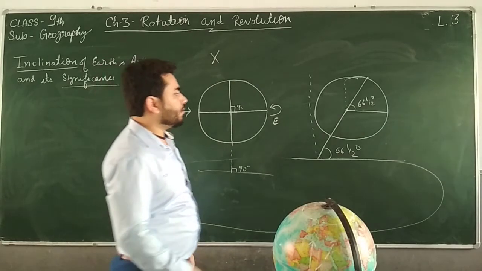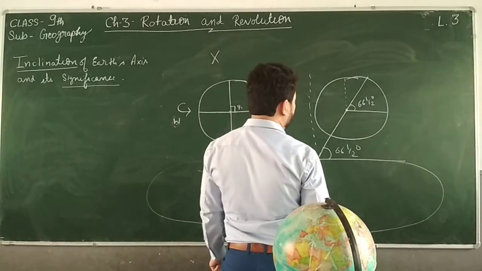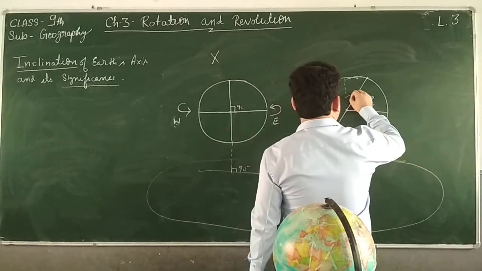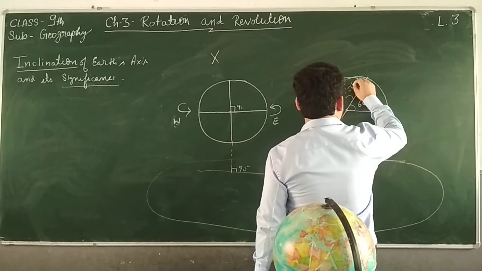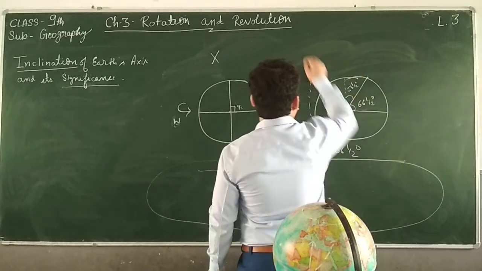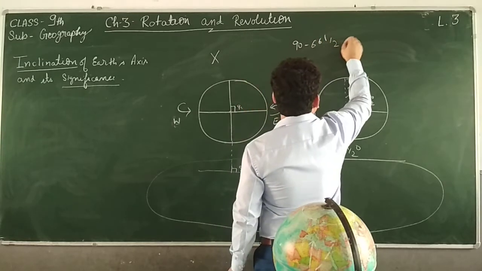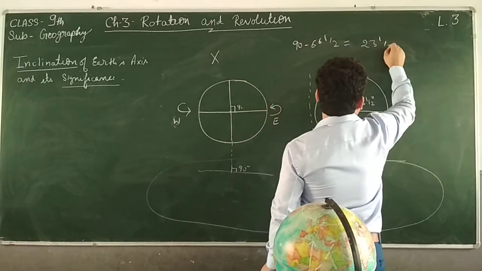It is not straight or vertical, it is not perpendicular. It is not at 90 degree, and hence it is having a tilt of 23 and a half degree. Why? Because 90 minus 66 and a half degree gives you 23 and a half degree.